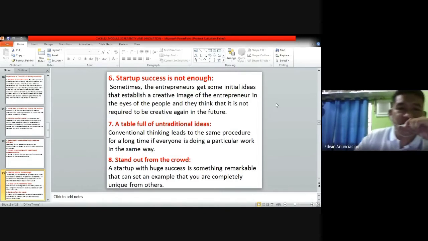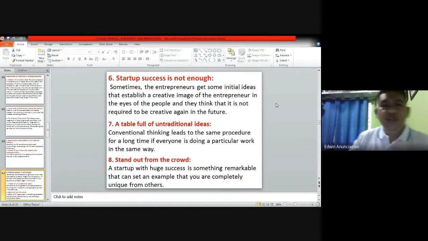And then, a table full of untraditional ideas. Conventional thinking leads to the same procedures for a long time if everyone is doing a particular work in the same way.